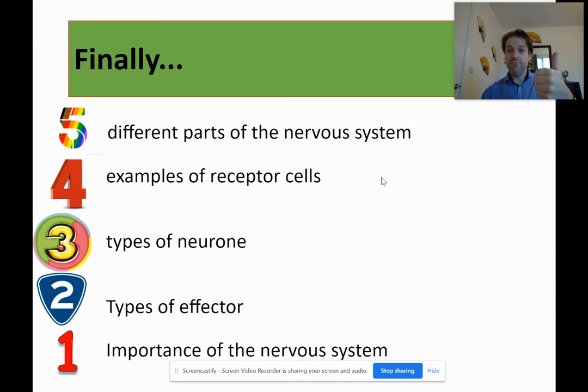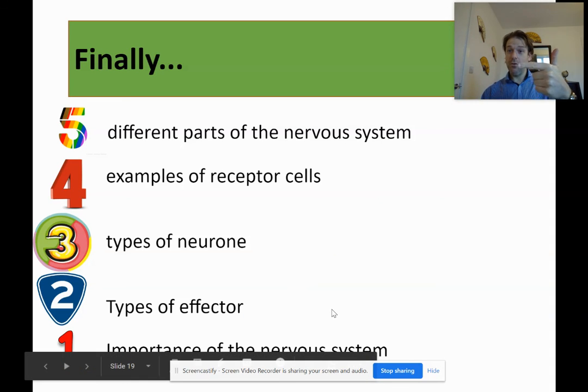That could be light receptors in your eye, touch receptors, sensory receptors in your skin, heat, sound, pain. Three types of neuron: sensory, motor, relay. Two types of effector: muscle or a gland.